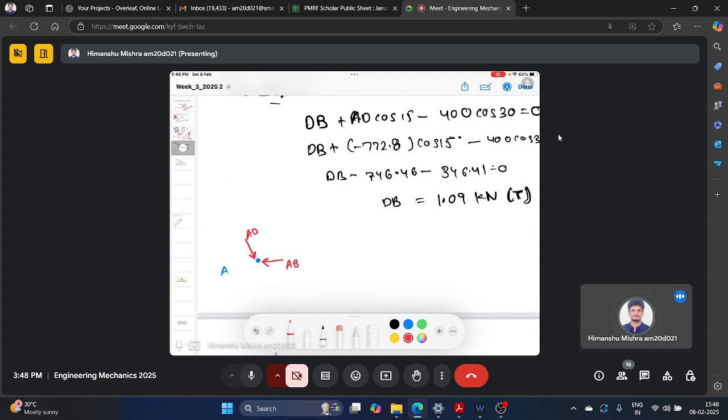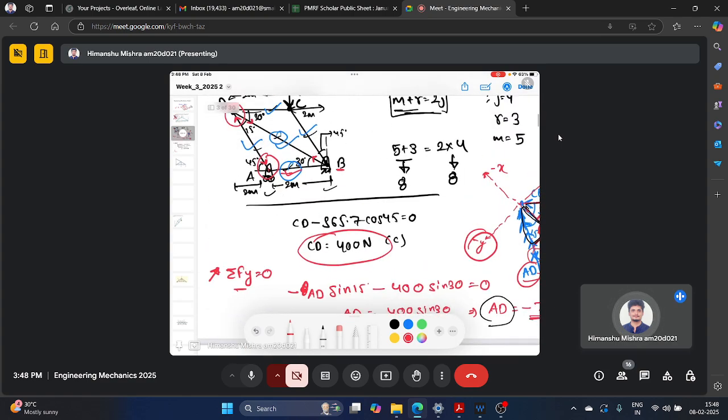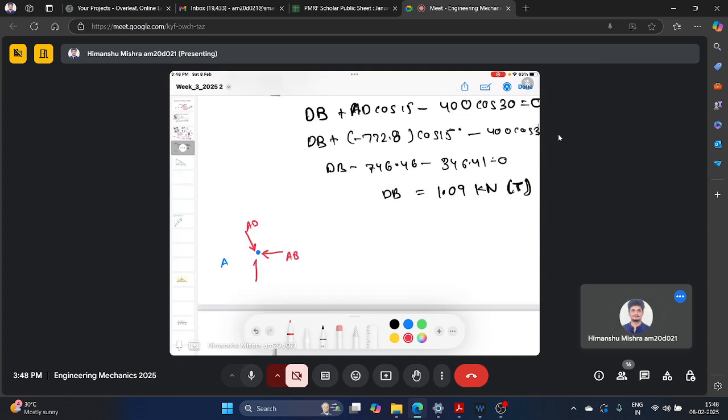So it is AB. And then there is a reaction force. So it's a roller joint, so there will be only one reaction in the y direction. This is my AY.